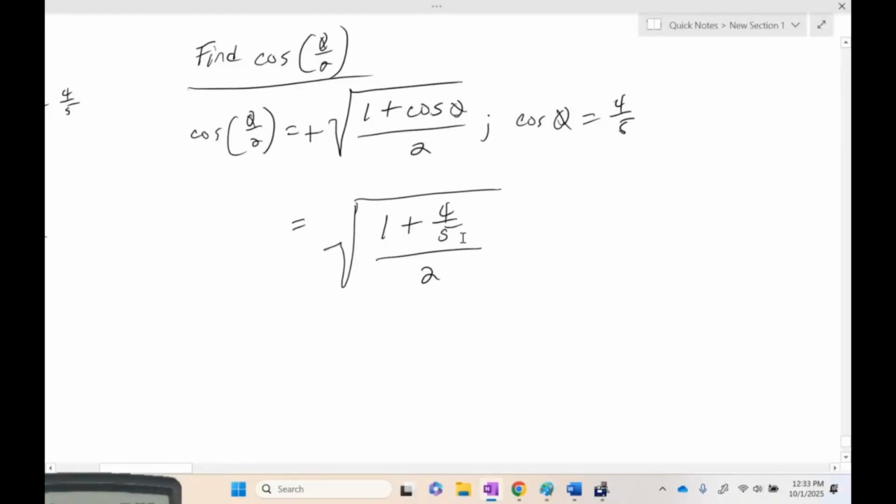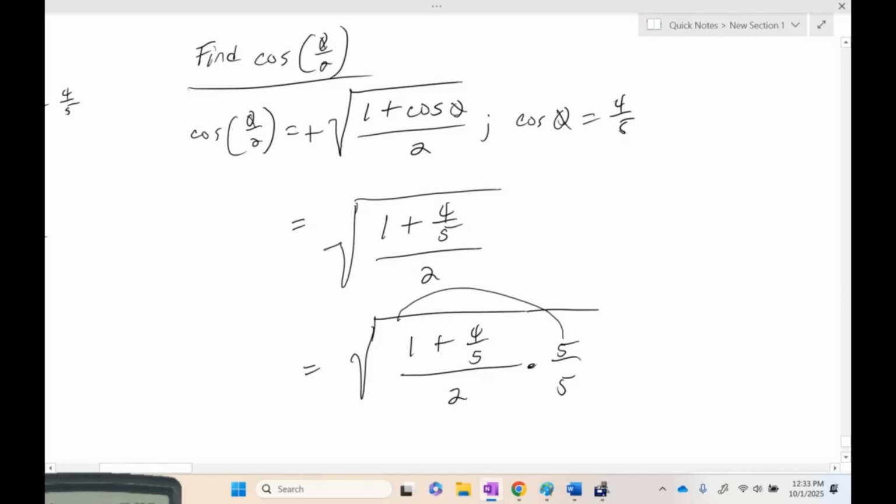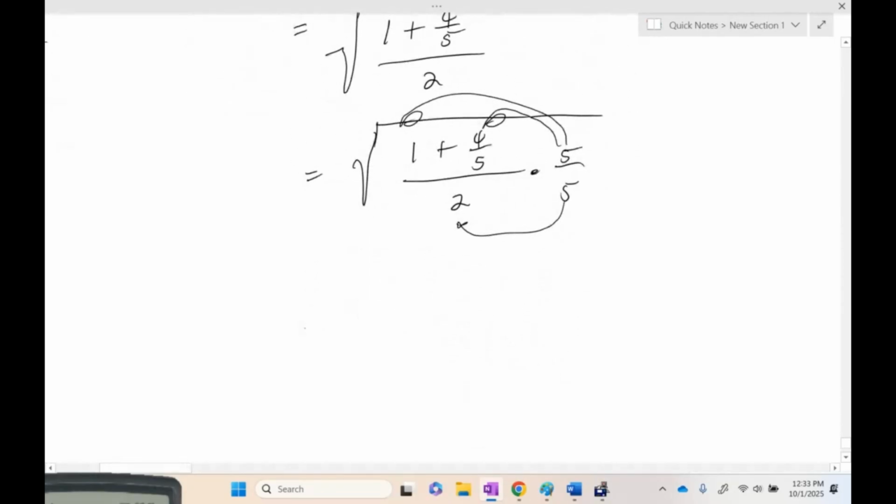So here again, the denominator is 5. So we're going to multiply the numerator and the denominator by 5/5. So remember, this is all still in the square root. So 1 times 5 is 5, plus 4/5 times 5. The 5s cancel. I'm left with 4.